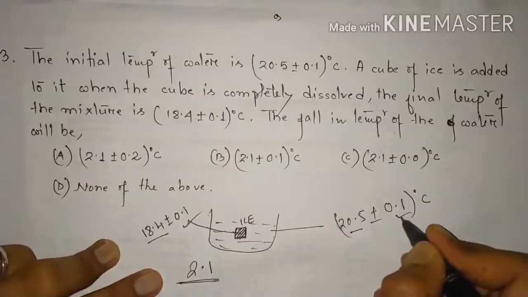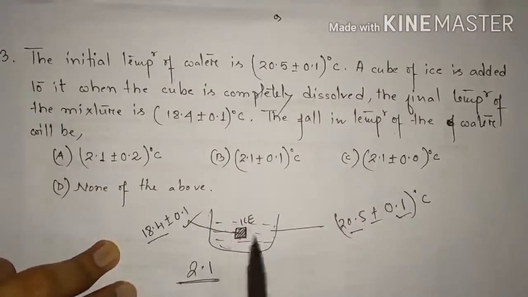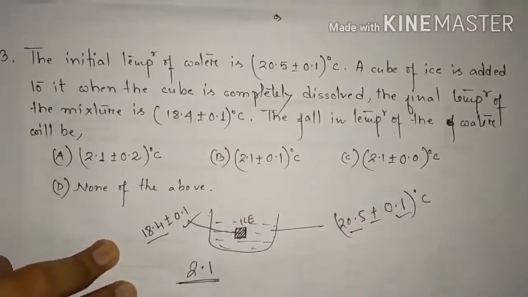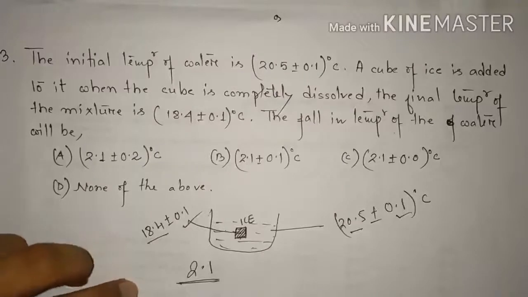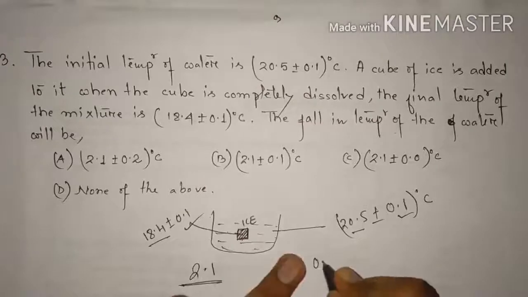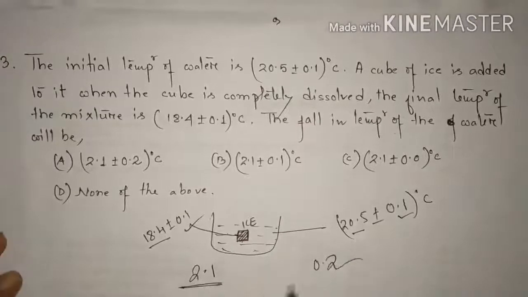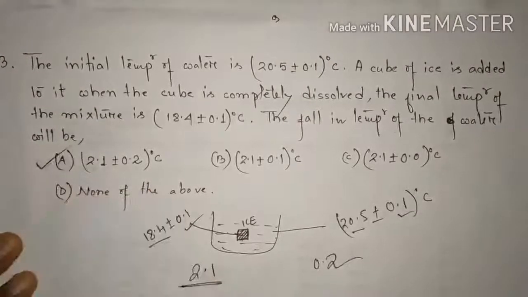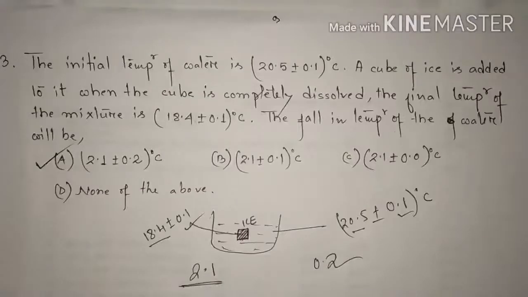Initially, when the temperature of the water was measured, the error was 0.1. Finally, when again the temperature of the mixture was measured, again there is an error of 0.1. So the total amount of error, it's an additive quantity, it just gets added. So 0.1 plus 0.1 becomes 0.2. So 2.1 plus minus 0.2. So the correct option is option number A.